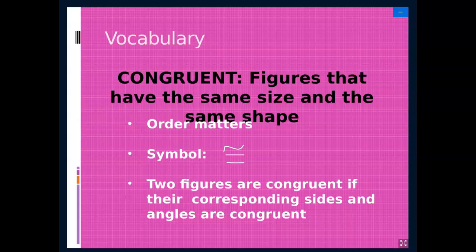Two figures are congruent if their corresponding sides and corresponding angles are congruent.